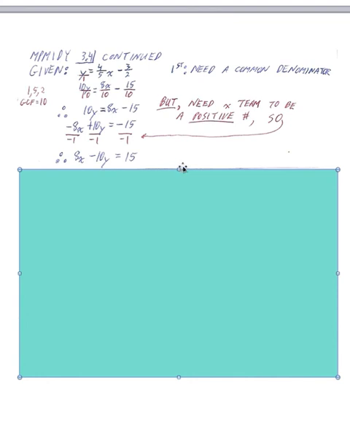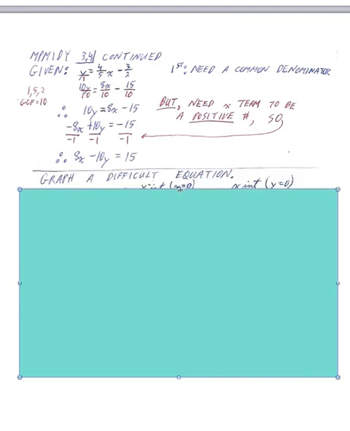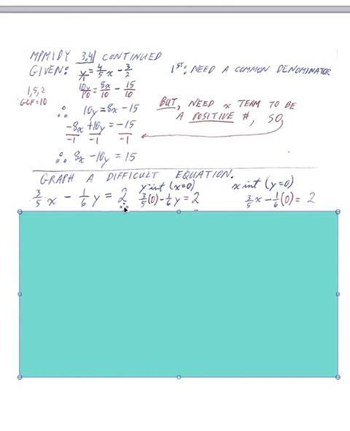Now, I want to show one more example where we graph a difficult-looking equation using the intercept method instead of y equals mx plus b. Here's the reason. That is an ugly-looking equation. To switch it around into y equals mx plus b could be a problem, could take a lot of time.